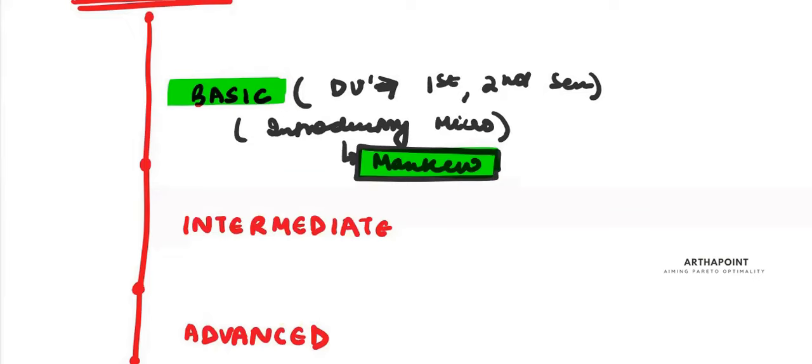This will have everything. It will also talk about substitution effect, income effect. It will also talk about the labor market, the inverted U-shaped labor supply curve. It will talk about international trade, all the topics. But the coverage would be limited.